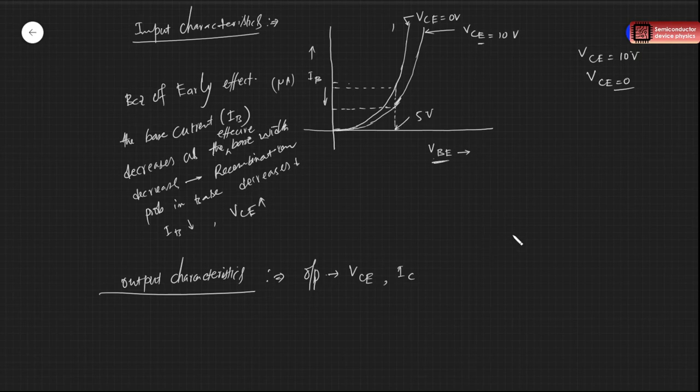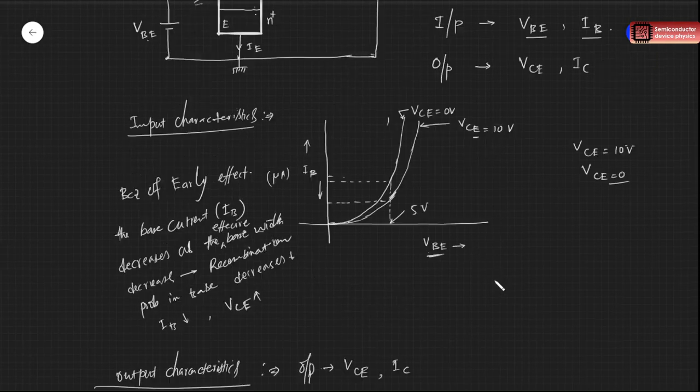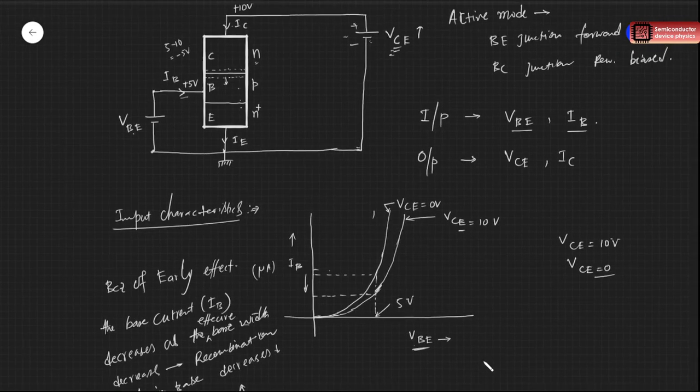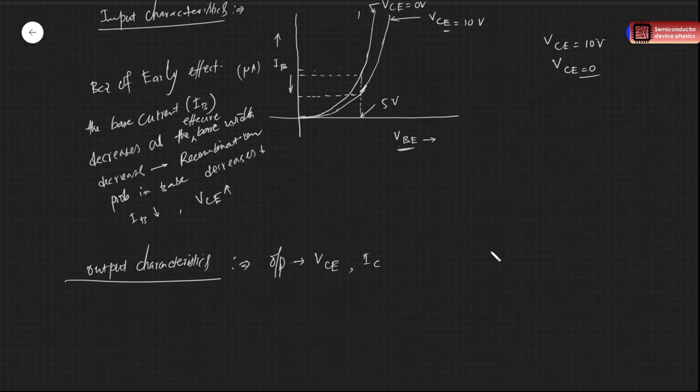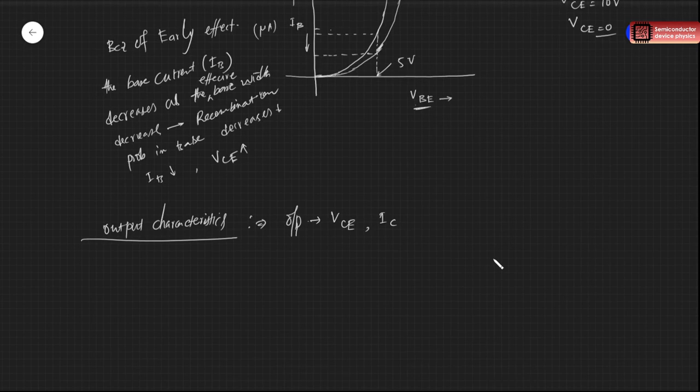To understand the dependence between VCE and IC, let's bring in a few transistor equations which we derived earlier. We'll see it mathematically a little bit and then we will conclude.